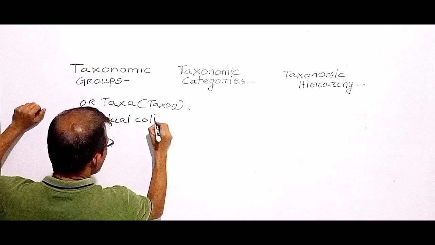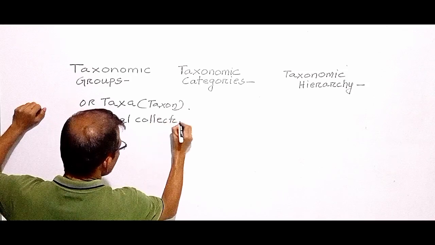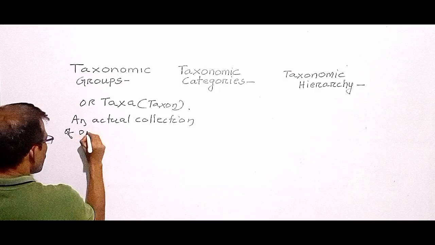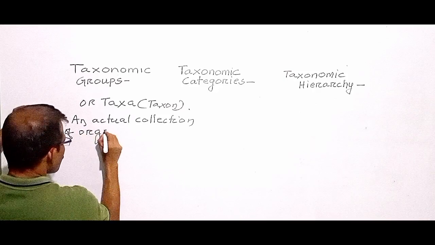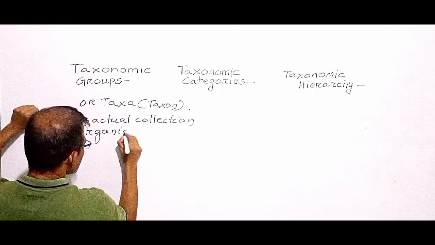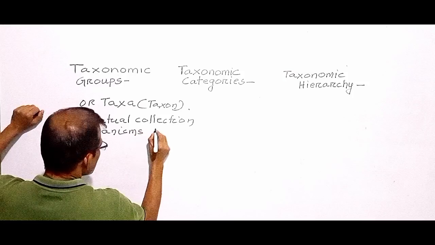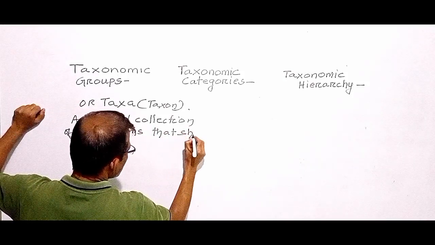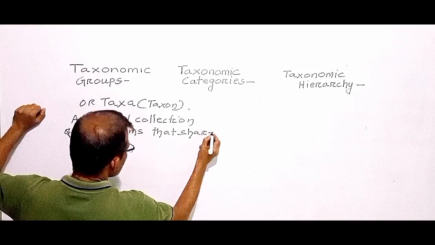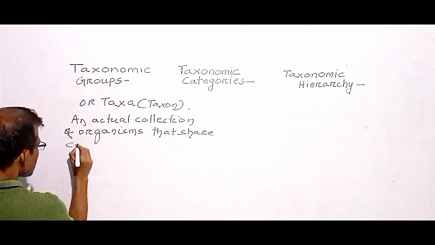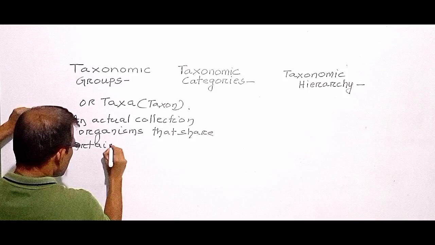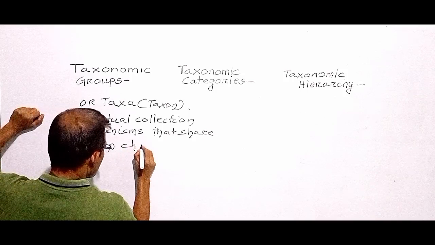Each taxonomy group is an actual collection of organisms that share certain characteristics.